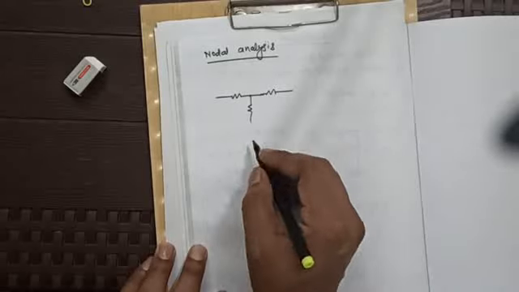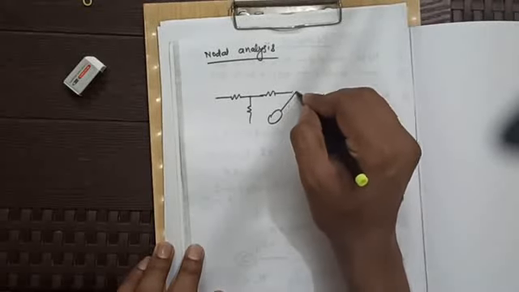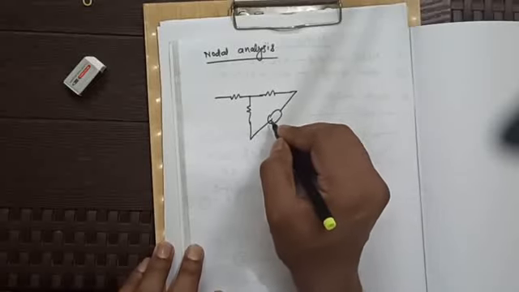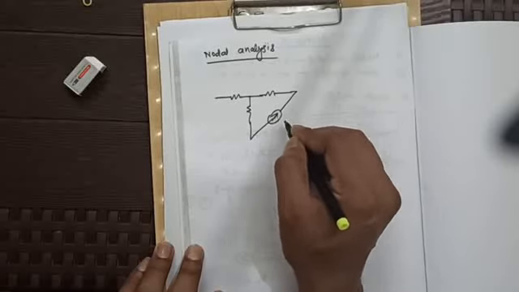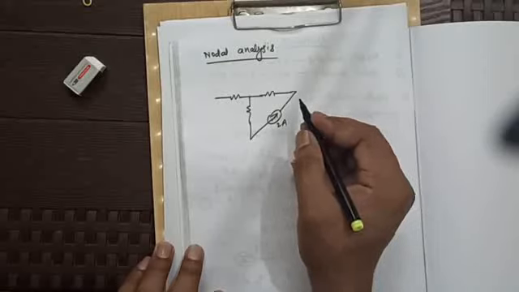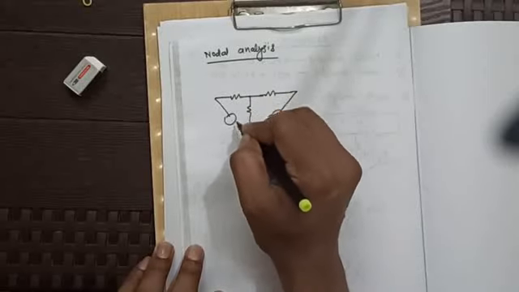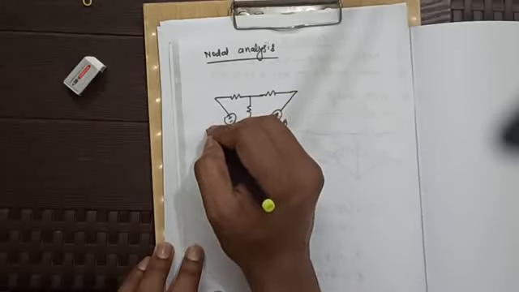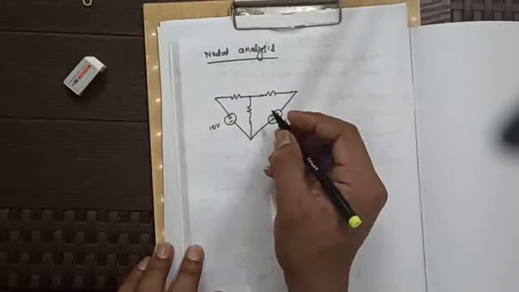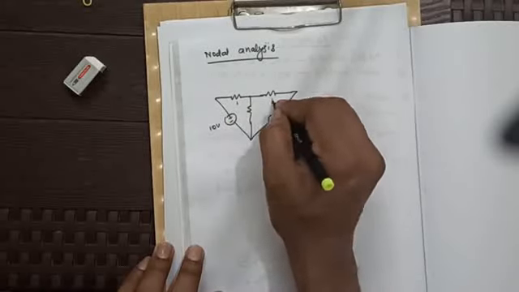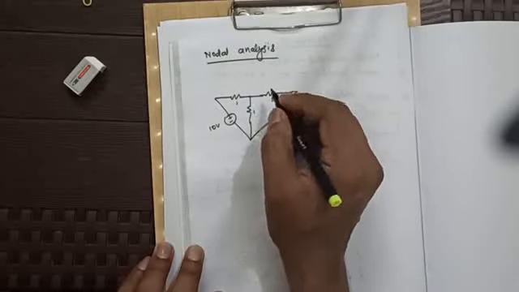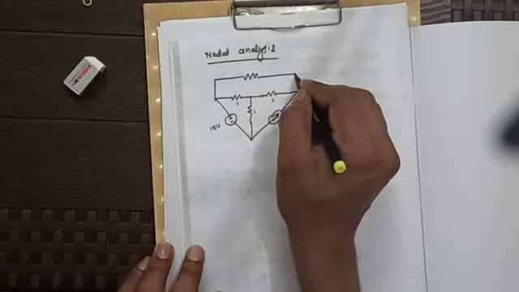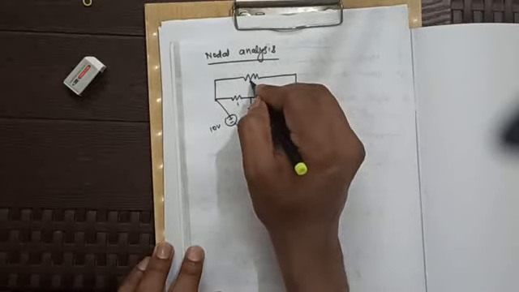This is resistor, this is the current source 2 amperes, this is the voltage source 10 volts, 1, 1, 1, this is 2.